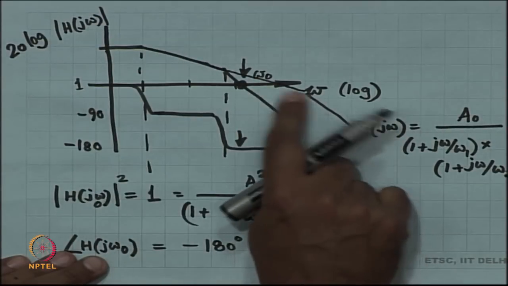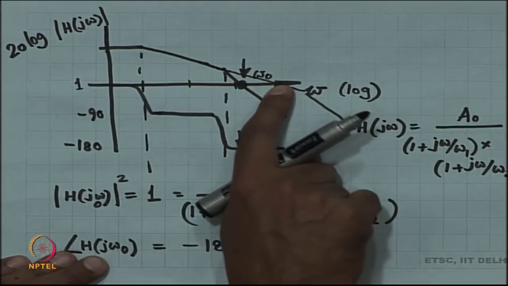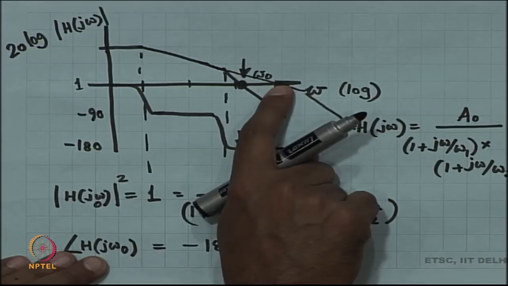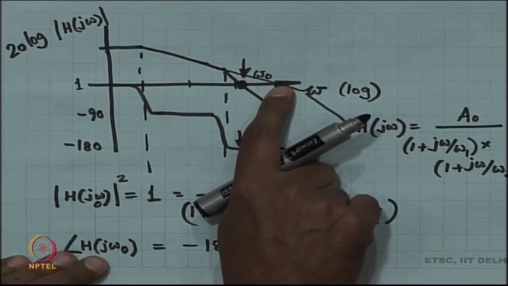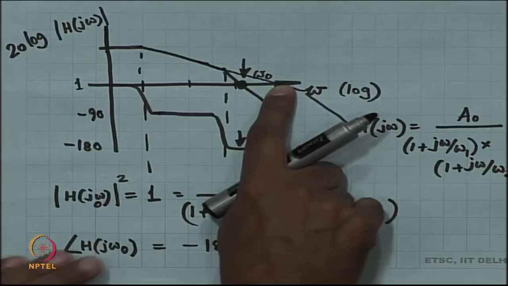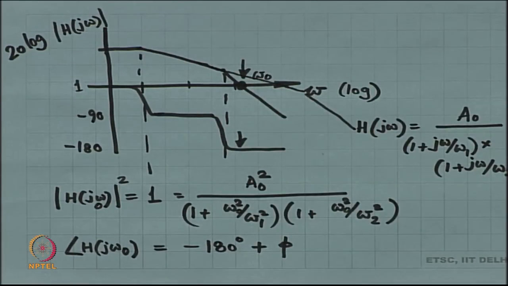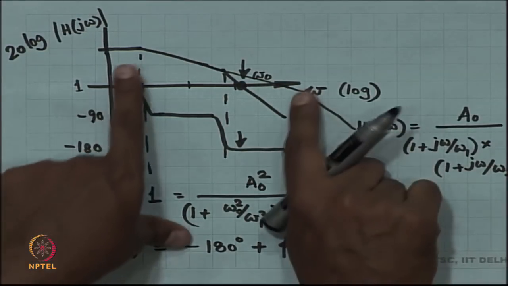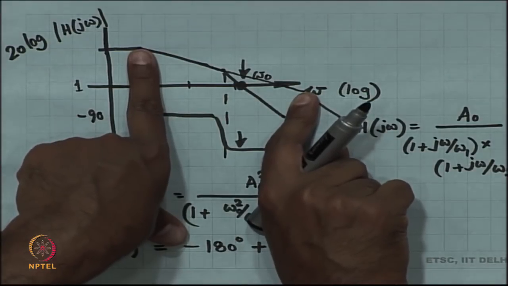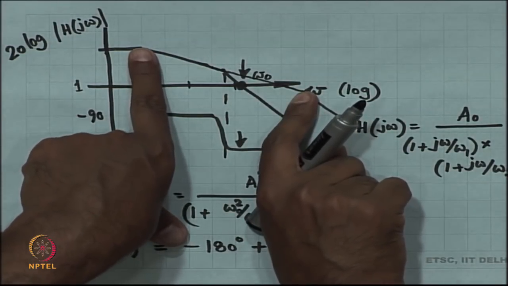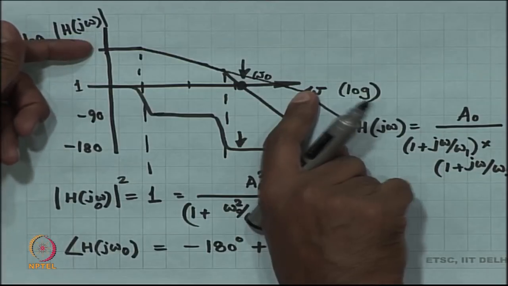It has to come after the magnitude hits 1, all right, not before, or even if it comes before, it should be just before, which means that the ratio of these two has to be at least as big as A naught.